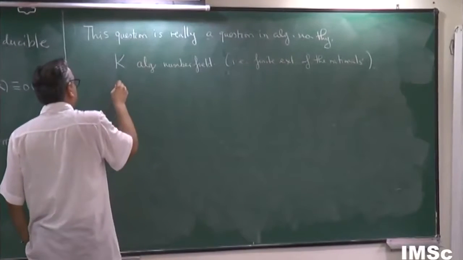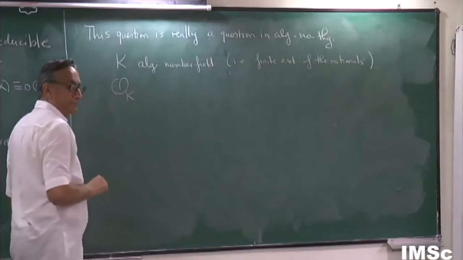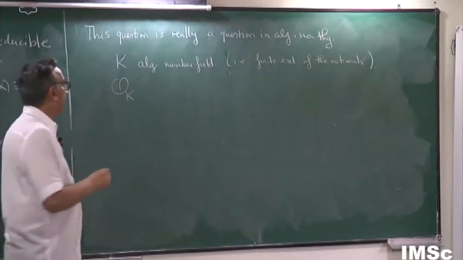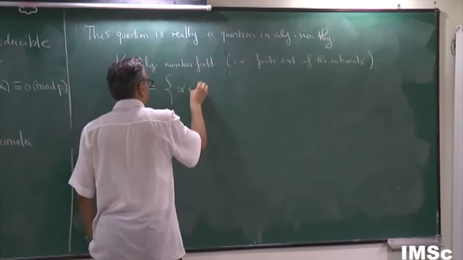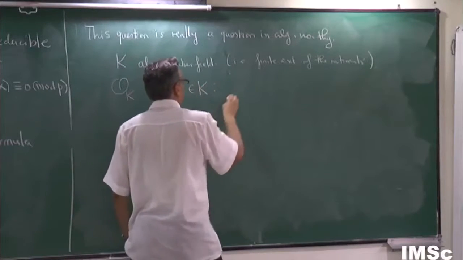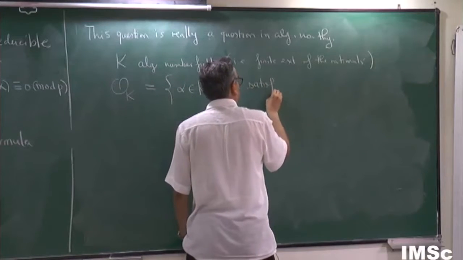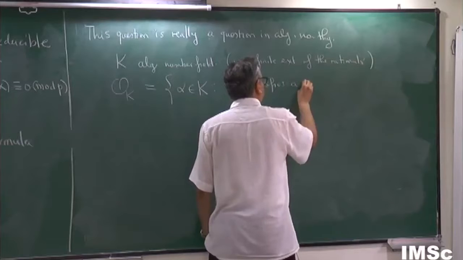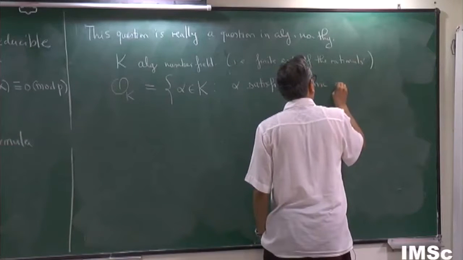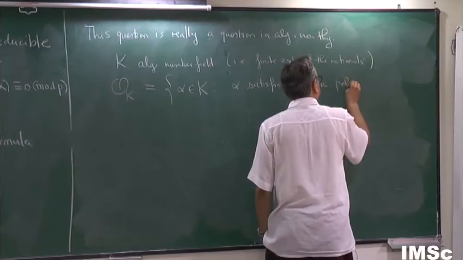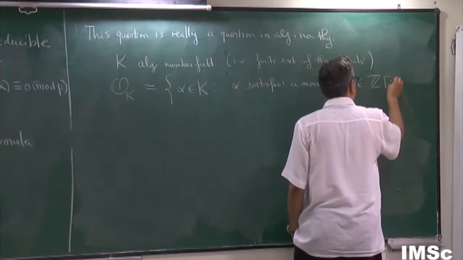Okay. Inside this field, there's a collection of elements alpha that satisfy a monic polynomial with integer coefficients.